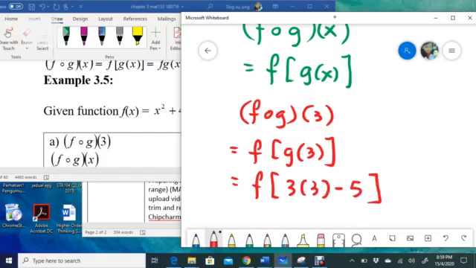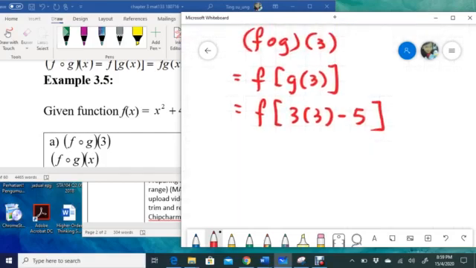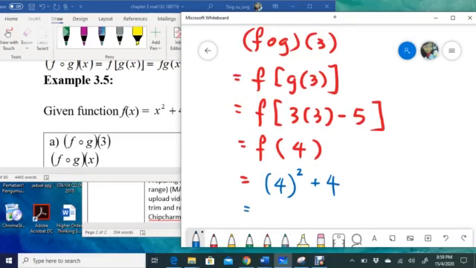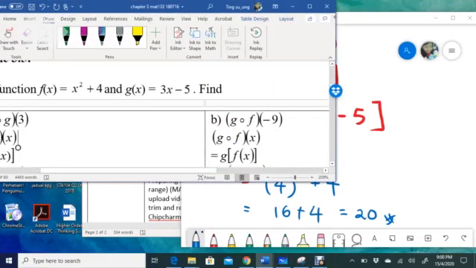So just continue. You have 9 minus 5, you have 4. So obviously you will have 4 squared plus 4. So you have 16 plus 4, that's why you have 20. It's okay, right?